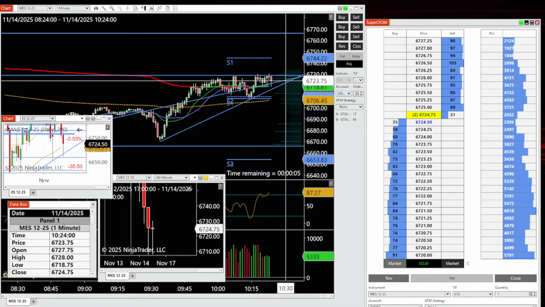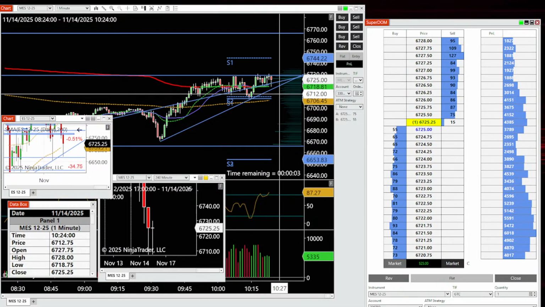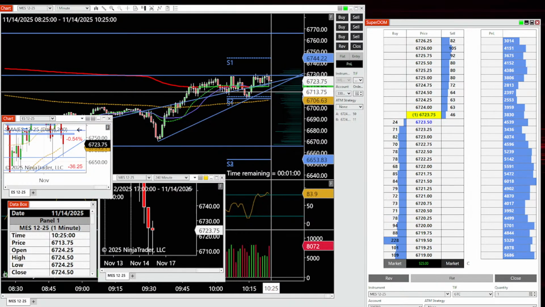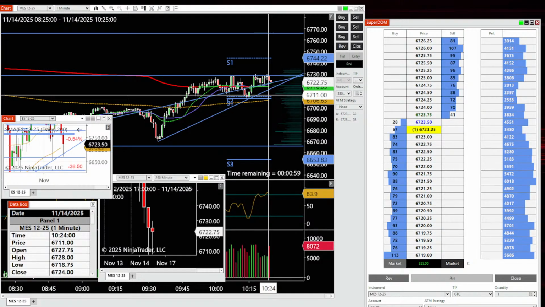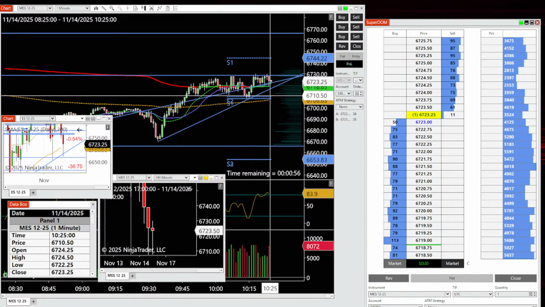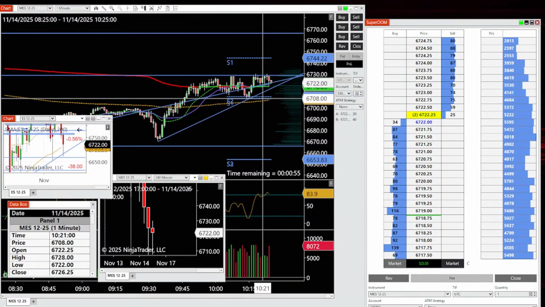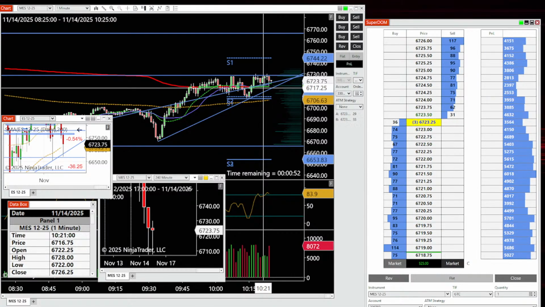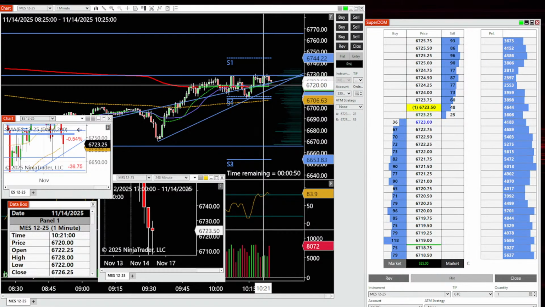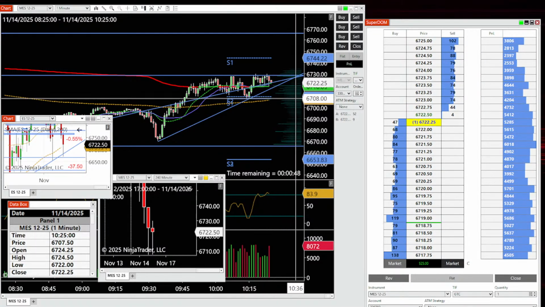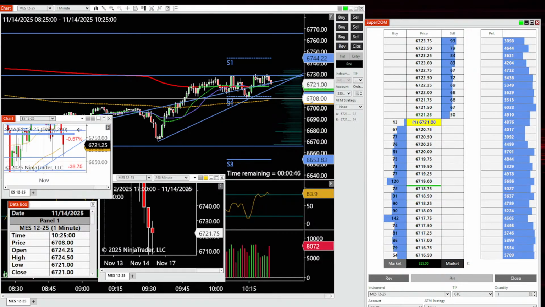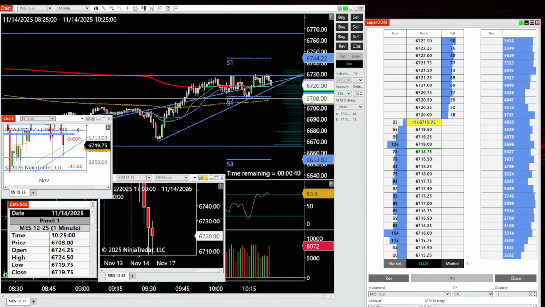So if it gets tighter and tighter, that's the shakeout bar that takes out the weak positions, if we continue to go higher. If not, then that could be the turnaround bar. Let's see which one it is.